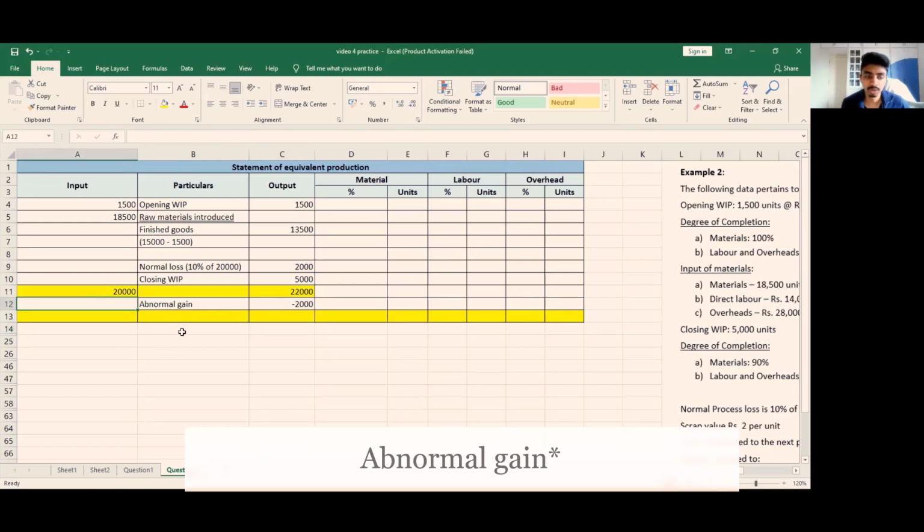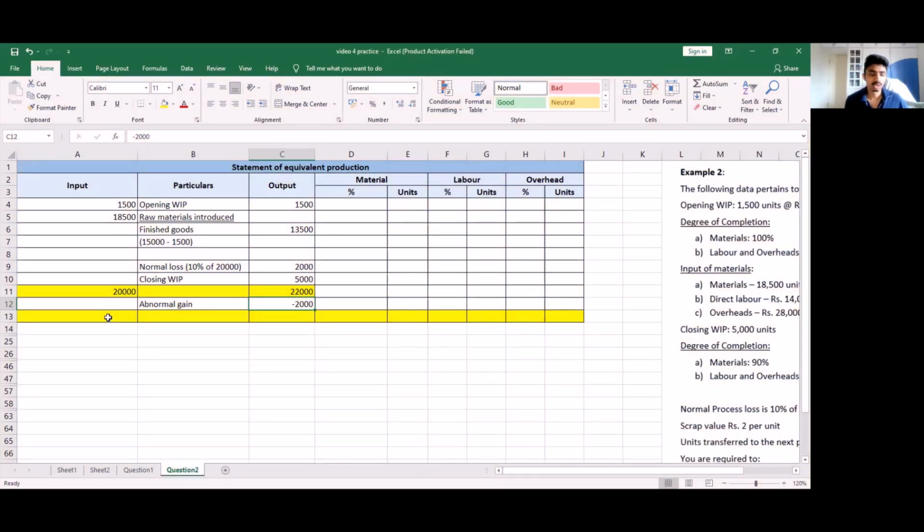But over here, we will show this in the output column as a negative figure so that this account will tally. After this, we get a sum of 20,000 as input and 20,000 as our output.